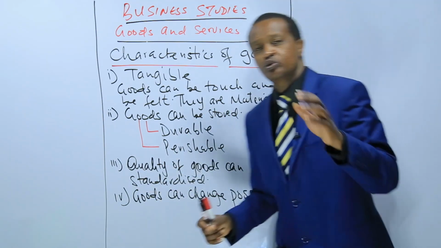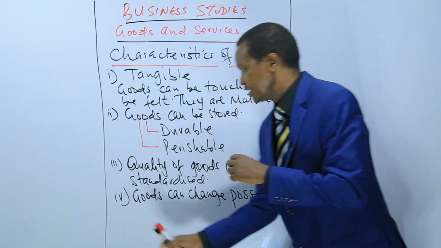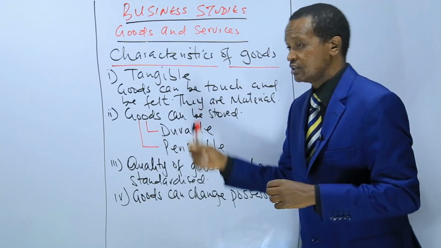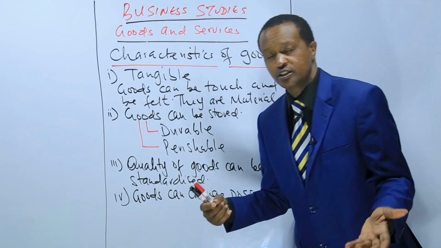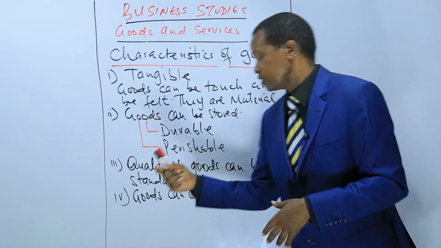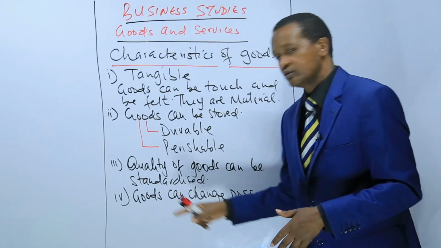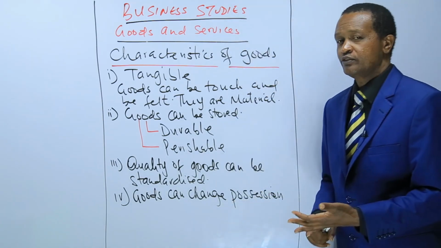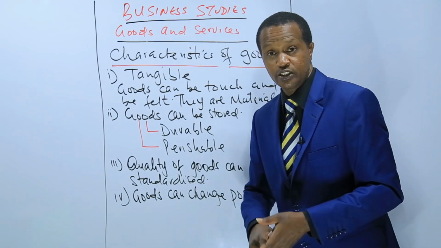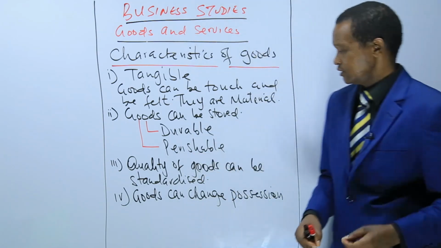That's why, learners, we are going to school so that you can get skills. We are teaching business studies. Some of you will be businessmen, some of you will be teachers, some of you will be lecturers. After you have gone through your education, you will be able to get your own goods. If you need a car, a television, whatever you desire in life, you have to pay a price for it through trade.